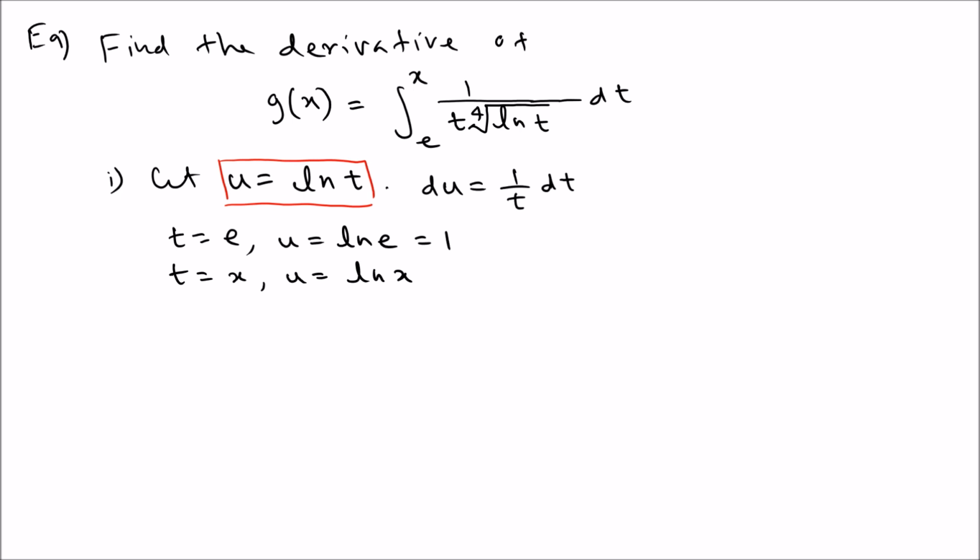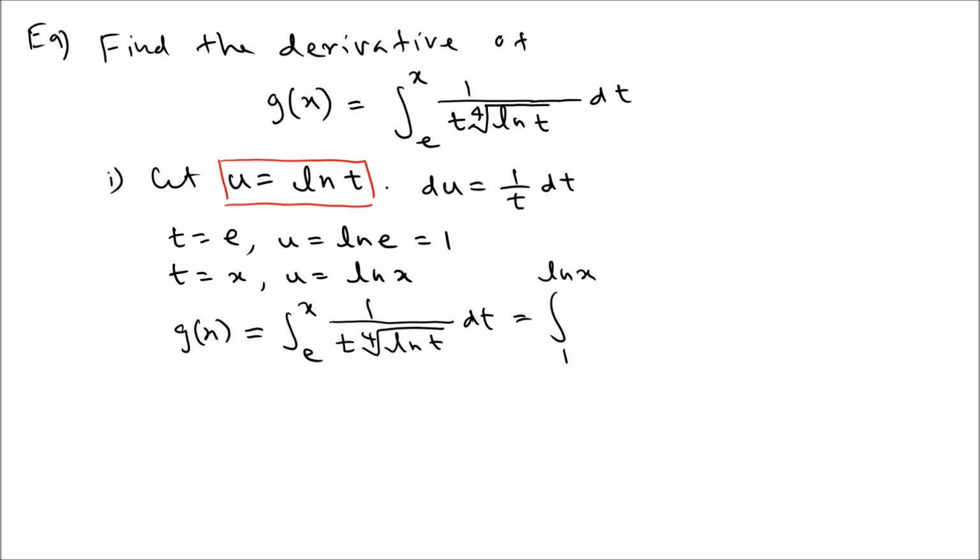Now we can integrate the function. g(x) is simply the integral from e to x of 1 over t times the fourth root of ln t, dt. Now let's substitute. e becomes 1, and x becomes ln x.